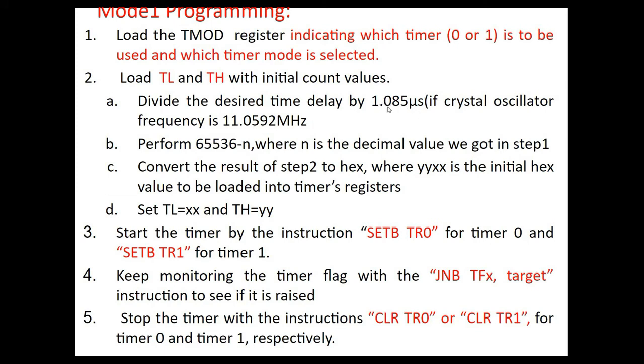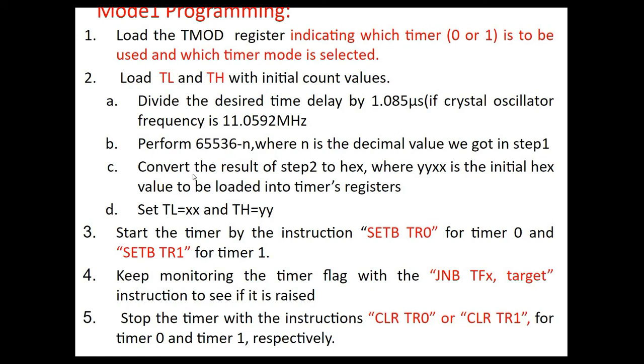This value will vary if the crystal oscillator frequency varies. Next, whatever value we got should be subtracted from 65,536.